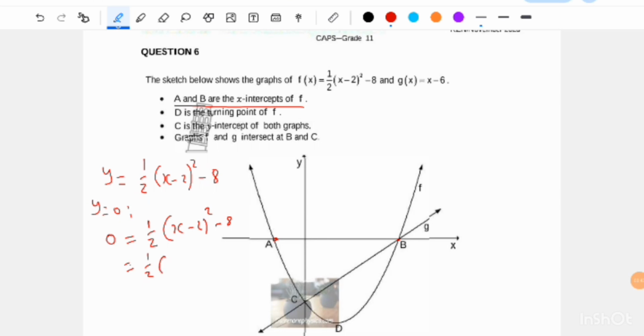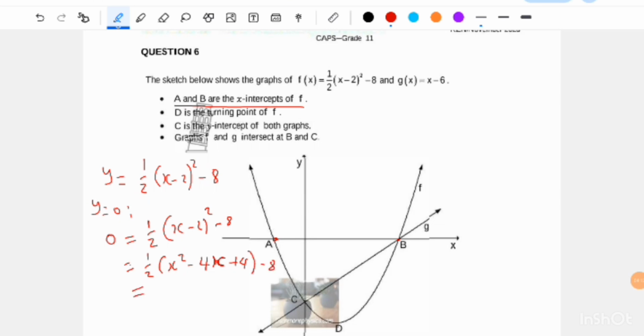So you remove the brackets and say x squared minus 2x minus 2x, which is minus 4x, and then plus 4, minus 8.